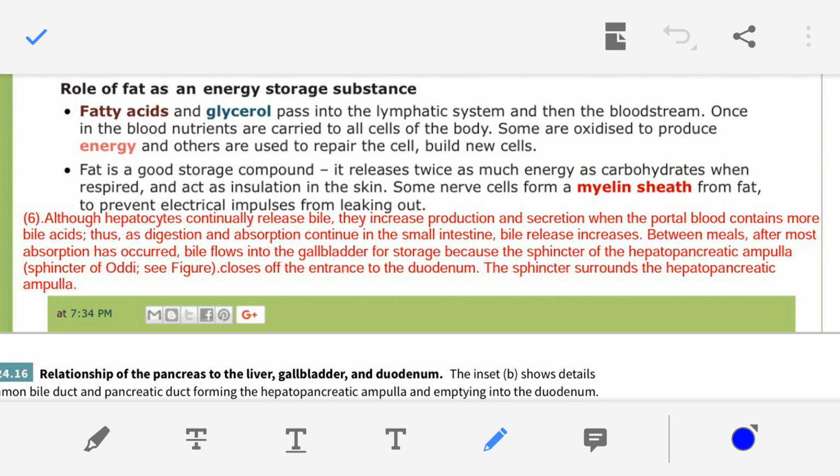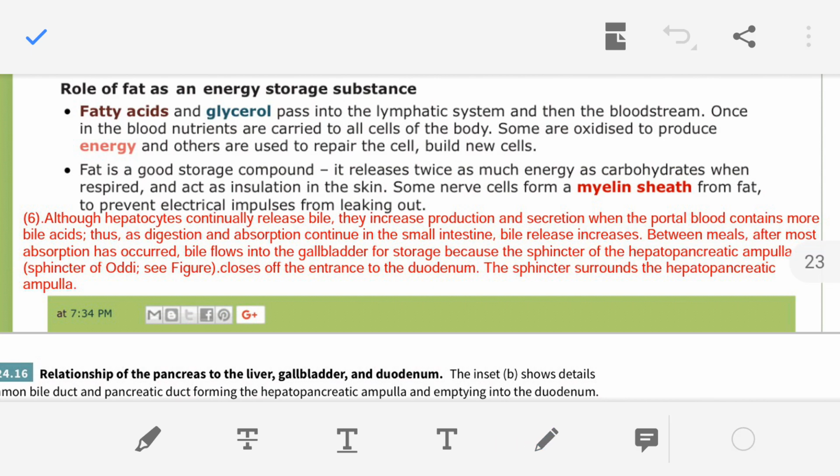Now between meals means, let's assume that we have taken one meal in the morning and one meal in the evening. That time period we can say is the between-meal period. And in this period, what is happening? Most of the nutrients are absorbed.